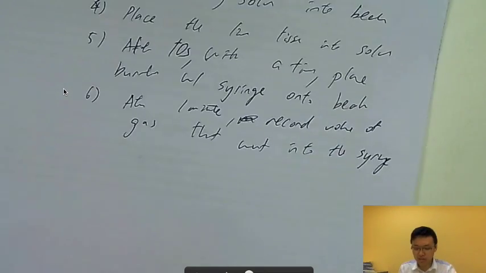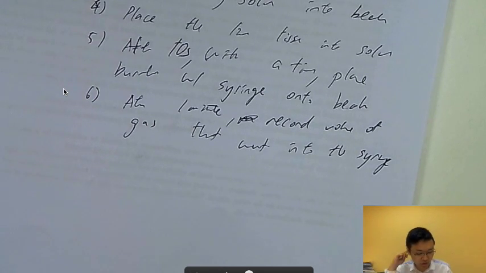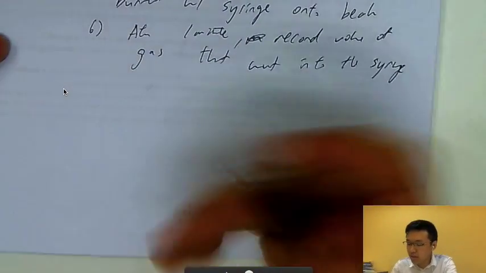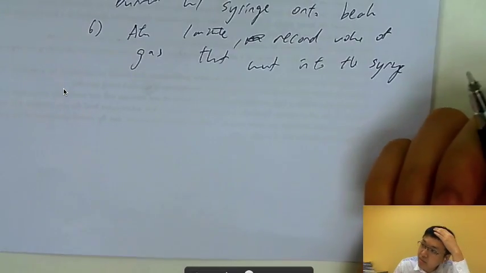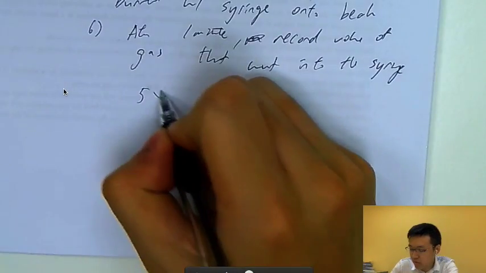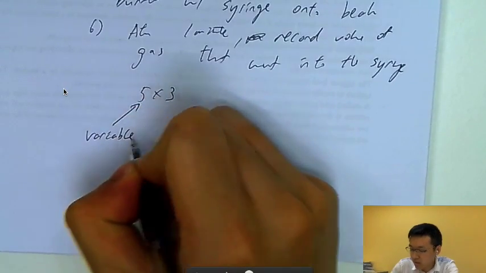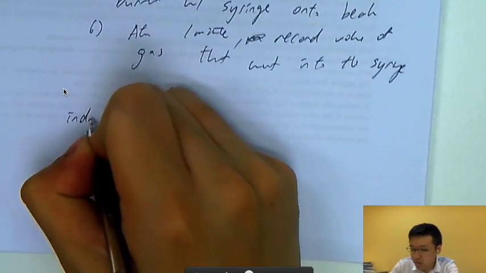For this, actually, one of the main things that the IB asks you to do is that you need to record sufficient data. Normally we like to say that it's called the 5x3 rule. So what you want to do is have 5 different independent variables.